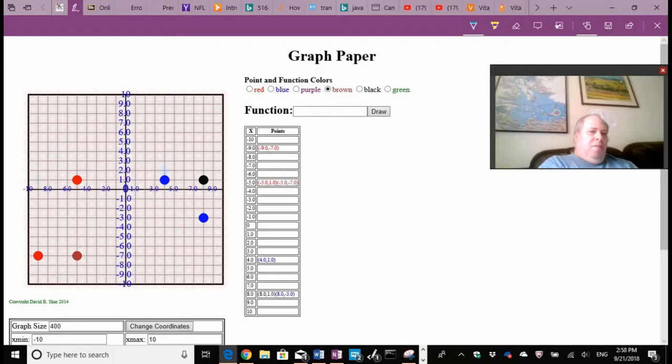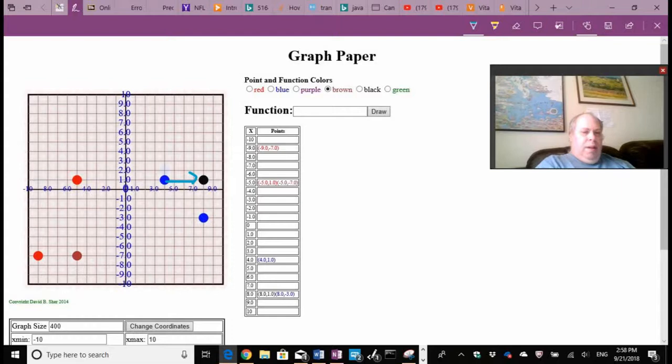Now, what we're going to do is start with (4, 1). We'll go here to the corner point, and that's a positive because the x values are getting bigger. This gives me a delta x, and from 4 to 8 is 4.